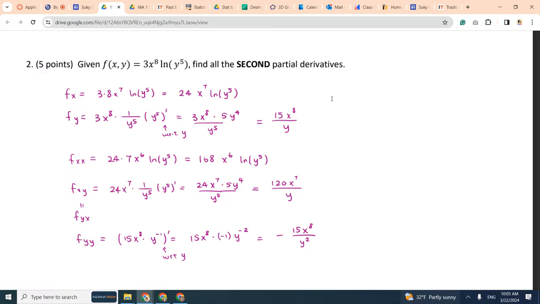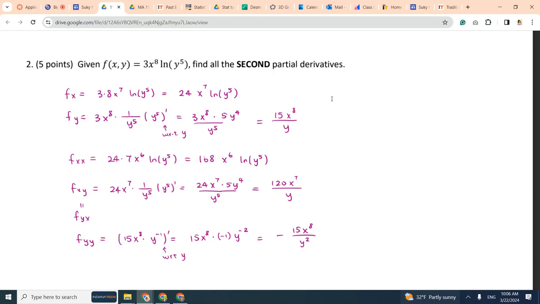Leave it there. Derivative of x to the 8 is 8x to the 7. Okay, so we're going over the quiz. And that's fx. Fy is you treat x as a constant, and y is the variable. So 3x to the 8 we keep here. ln y to the 5th.